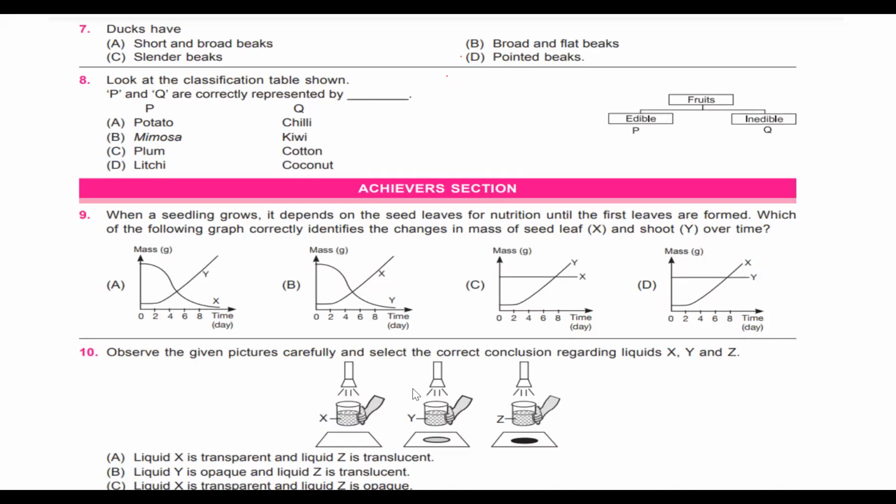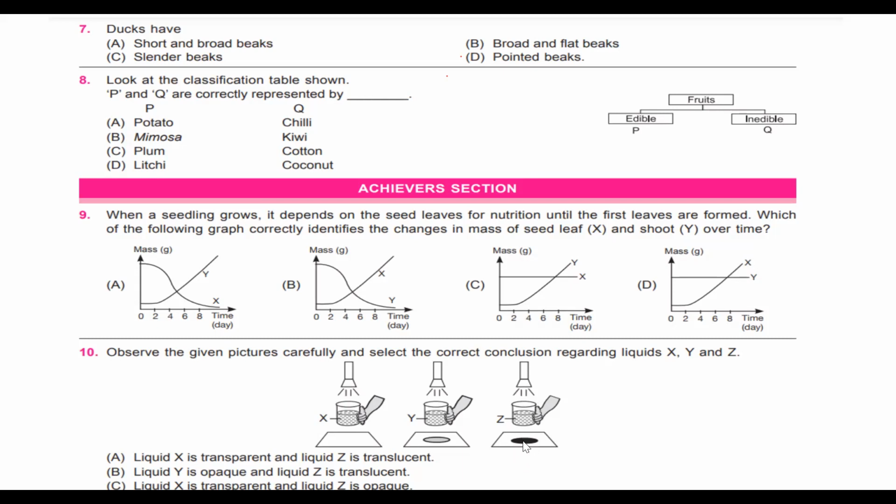Do you know X is opaque? No, I'll tell you. See, X is transparent and liquid Z is opaque because no light is passing. That is why the cardboard beneath the glass is black.